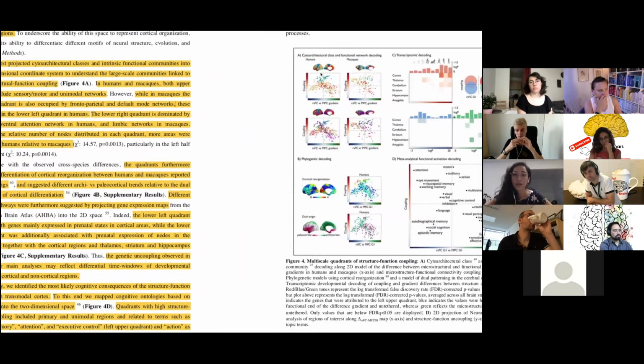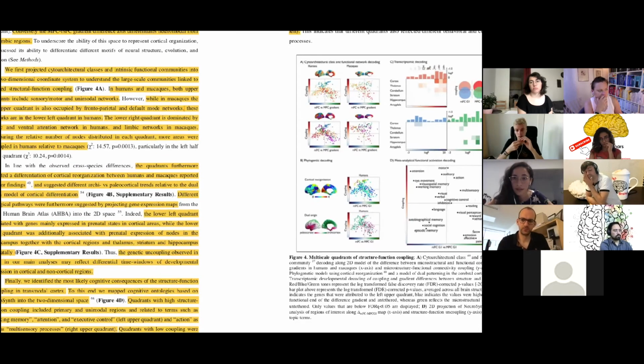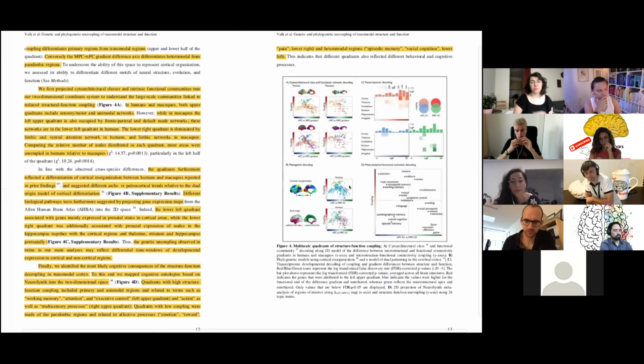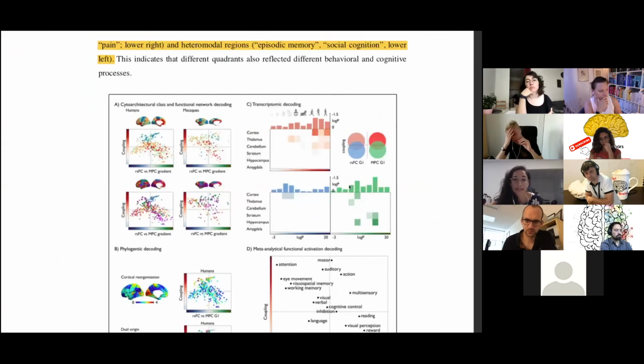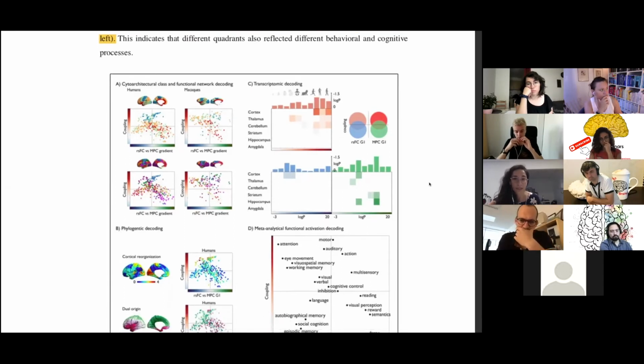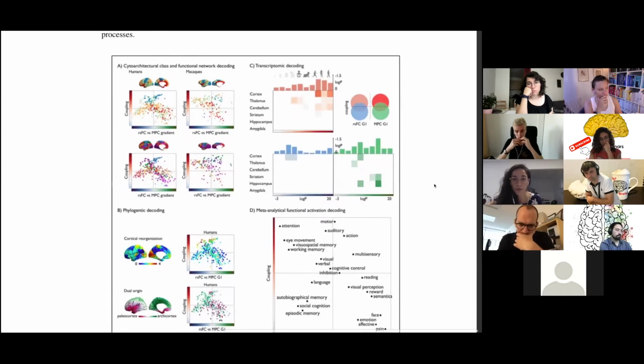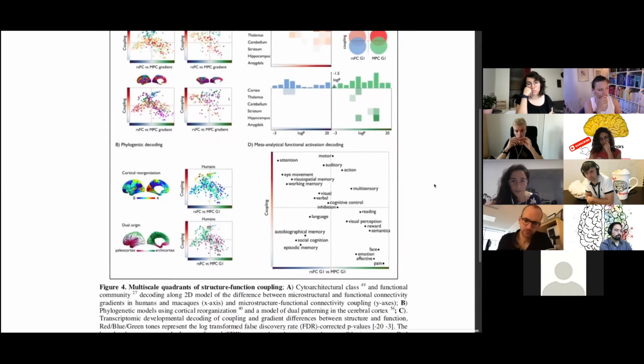And they looked also at the prenatal and postnatal organization, and they see that there is a trend that goes from the hippocampus and the thalamus and the amygdala for the humans, and the hippocampus for the macaques.